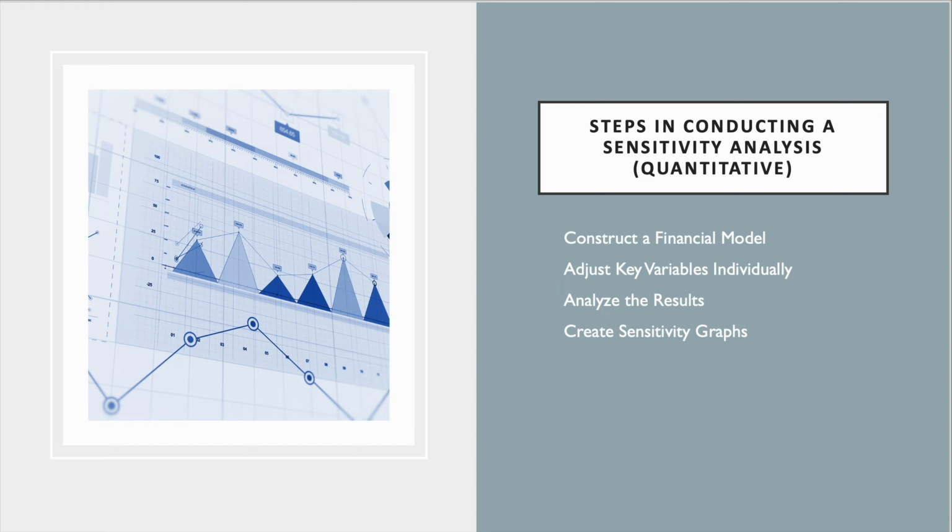This helps us isolate the impact of each variable. After adjusting the variables, we analyze the results to determine which ones have the most significant impact on the project's success. To visualize this, we can create sensitivity graphs, which clearly show the relationship between changes in a variable and changes in our financial metrics. (Smith, 2020).